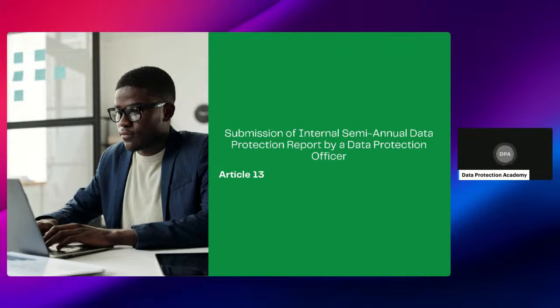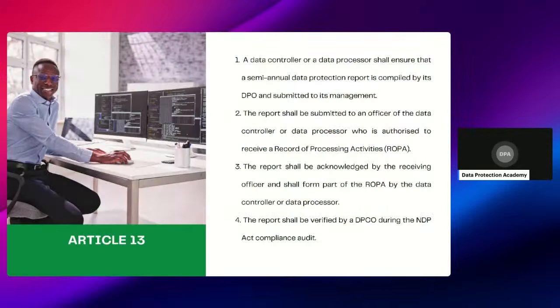Now, we are going to look at an extract from Article 13 to really understand what this report is all about. Article 13 says that a data controller or a data processor shall ensure that a semi-annual data protection report is compiled by its DPO and submitted to its management.